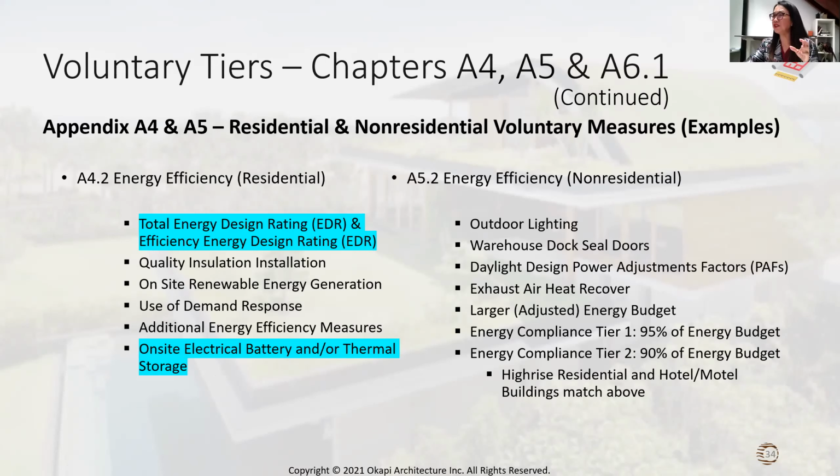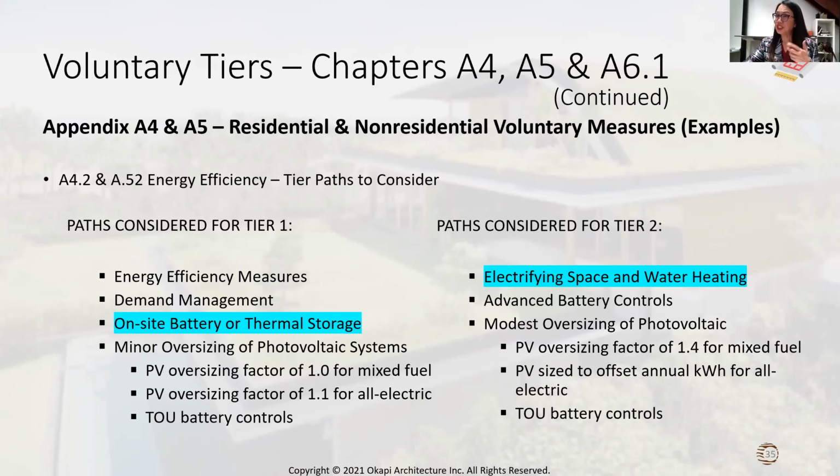Continuous energy efficiency: this is the EDR concept, a zero carbon, zero code concept. We'll leave it to Russell to explain. Again, with energy efficiency the concept is similar: the more you can do, the more you need to show and present it to your city as tier 1 or tier 2.